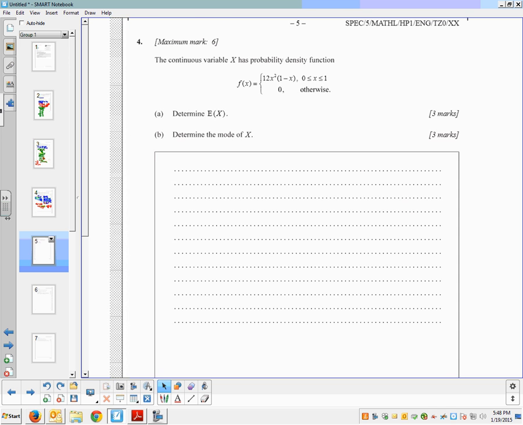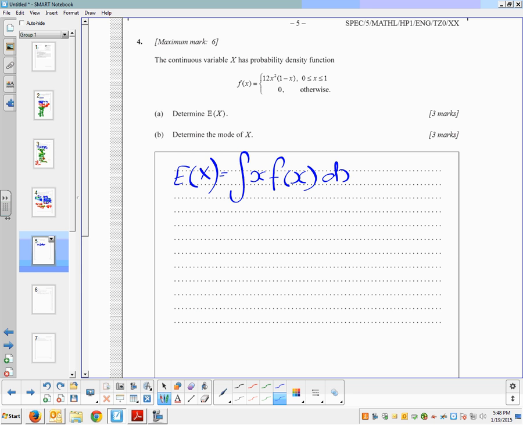Question 4. Determine the expectation of x. Well, for continuous probability density functions, the expectation of x is equal to the integral of x times f of x with respect to x over the whole range, which in this case is 0 to 1.